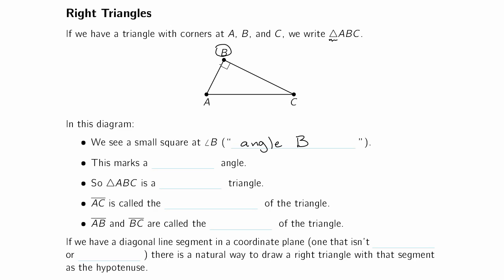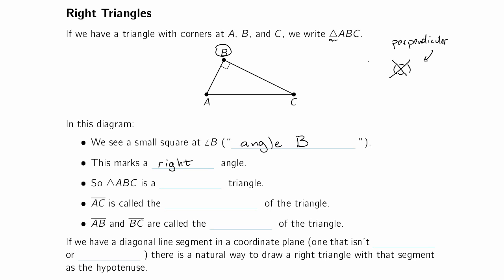And at that point in the diagram, we see a small square. And what that small square means is that that angle is a right angle. A right angle, sometimes called a square corner, is where two perpendicular lines meet. So two lines meet and all of the angles are the same. Each of those angles is called a right angle.